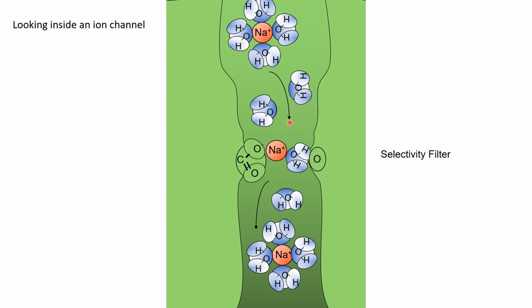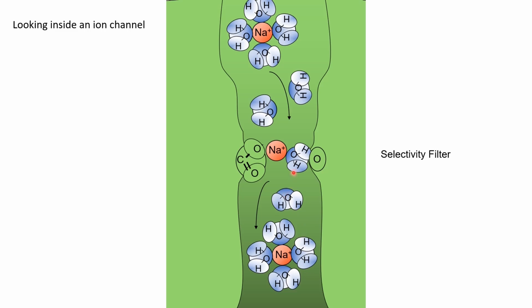But this can take place because the sodium atom or the potassium atom can be stabilized by interaction with the negatively charged amino acids. So this interaction with the amino acids is what facilitates the removal of the hydration shell, and after this the ion can pass through and regain its hydration shell.